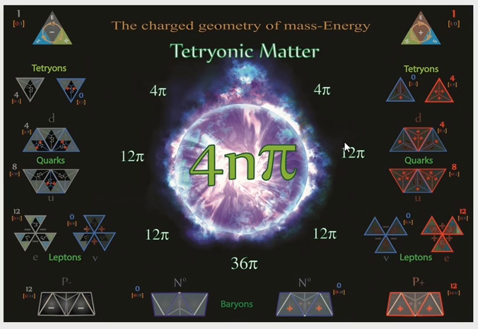They're all 4 n pi charged mass geometries, or charged mass matter geometries. You can represent them mathematically as a 4 pi point particle. However, doing so does not give you any indication of their true geometries, or their electromagnetic function, or the relationship of mass, energy, matter on the quantum scale.